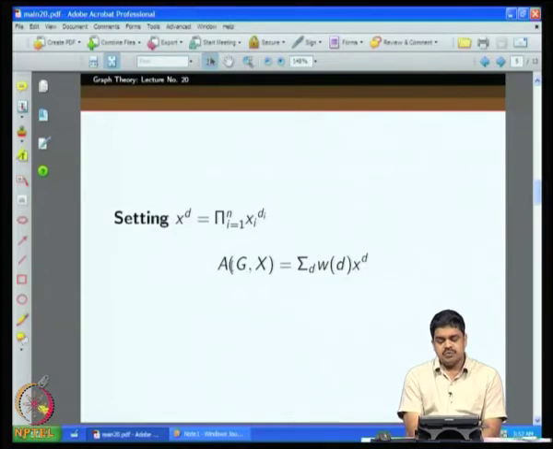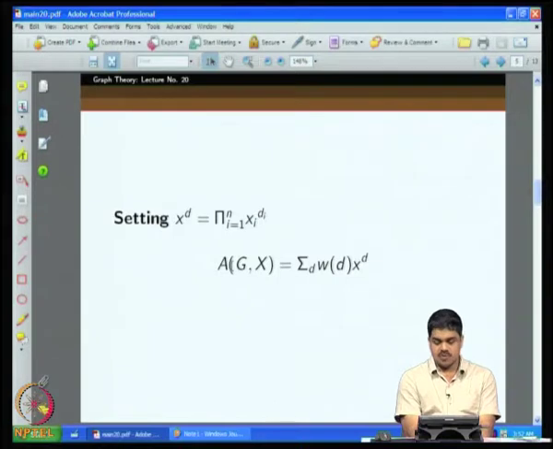Now, to understand that, we have expressed this polynomial as a sum, over the degree sequences, of the weight of the degree sequence times x raised to d.